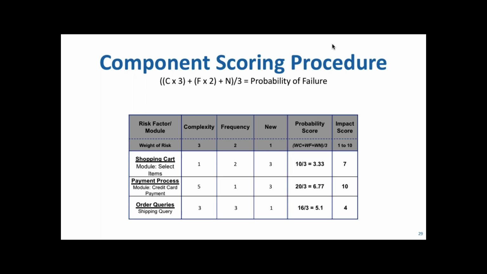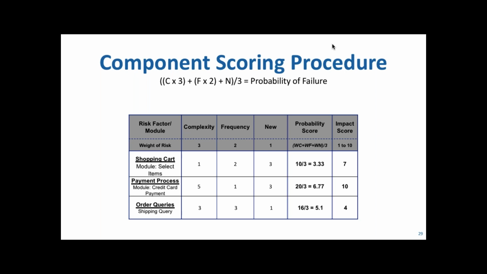In this example, we've given it a low rating for complexity. So in this particular application, we've said the code to select and purchase an item really is not that complex. So we're going to give it a low, but remember, complexity does have a weighting factor of 3. Then for frequency, we're going to give it a 2.